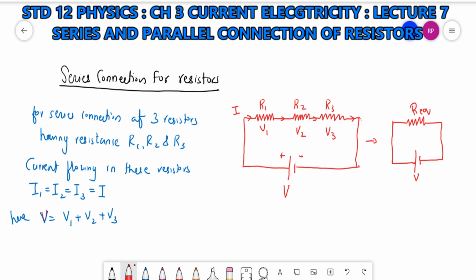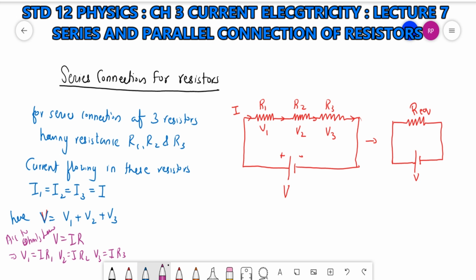Now according to Ohm's law, V is equal to IR. So that means V1 will be equal to IR1, V2 will be equal to IR2, and V3 will be equal to IR3. This is according to Ohm's law.